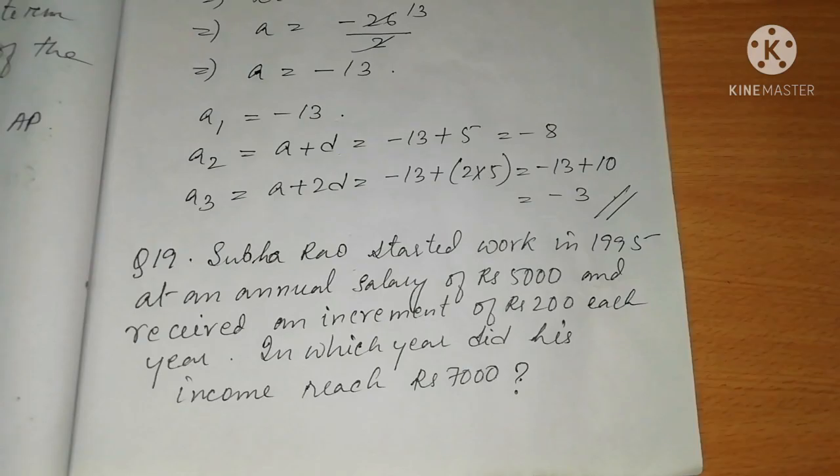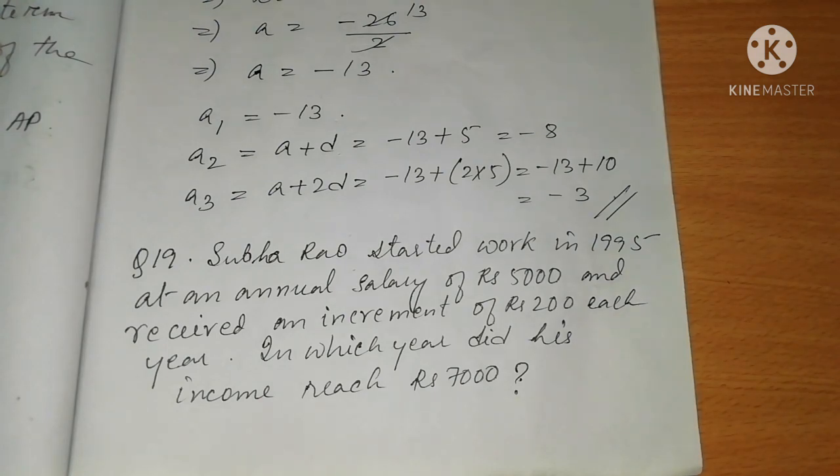So the next question, question number 19: Shubha Rao started work in 1995 at an annual salary of 5,000 and received an increment of rupees 200 each year. In which year did his income reach 7,000?